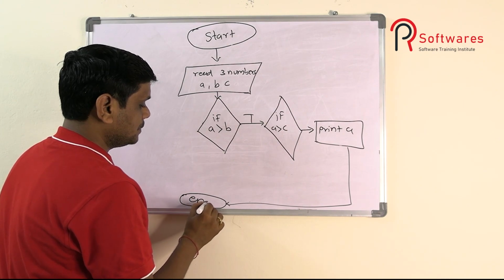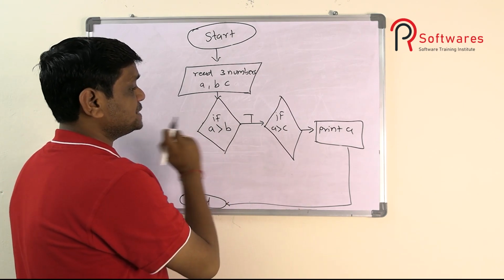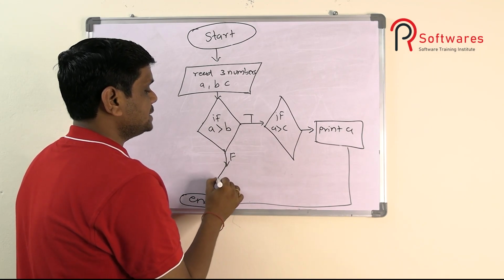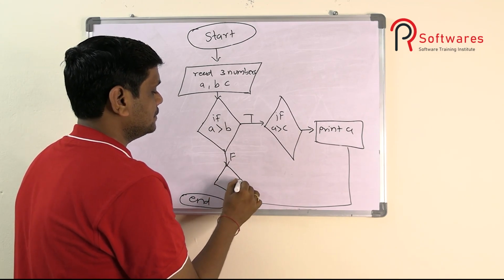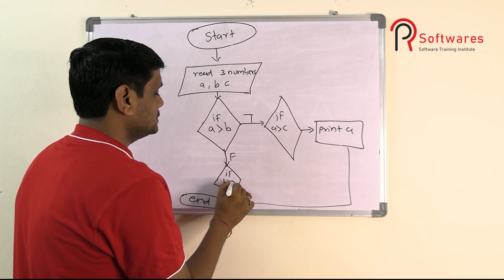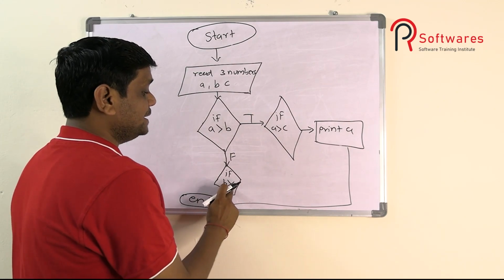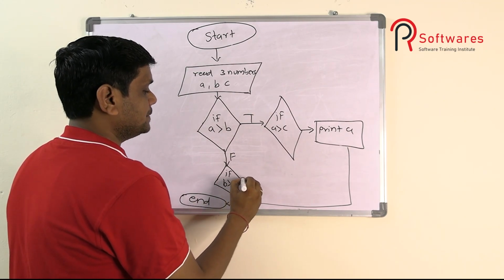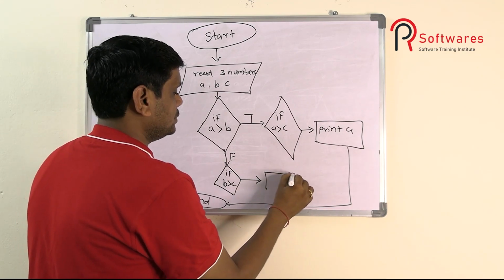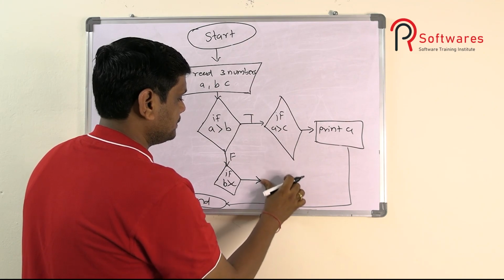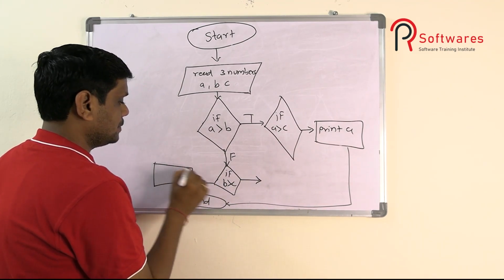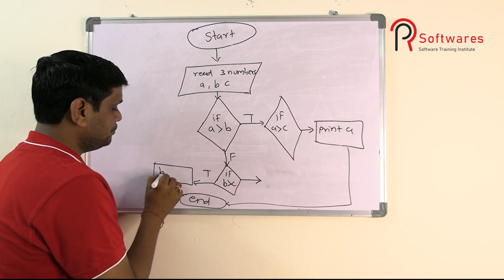But if this is false, it will come down, false. What will it check? One more condition. If B is greater than C. If this condition is true, it will print B is big.